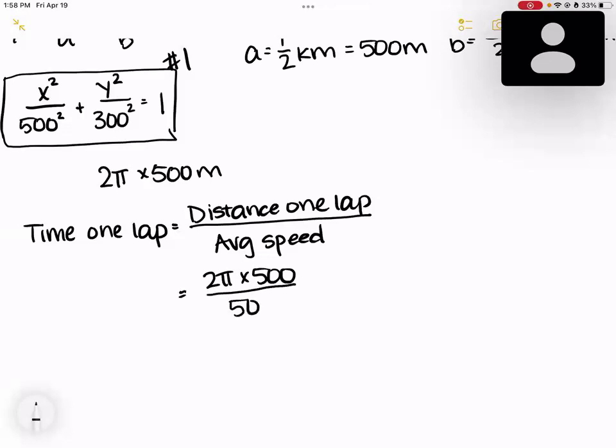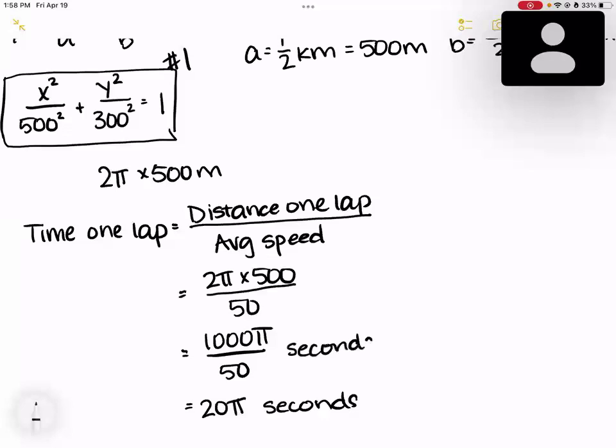And then we're just solving it. So this is 1,000 pi divided by 50, which is 20 pi seconds. And actually, I'm going to go ahead and write seconds for all of these so we don't forget.